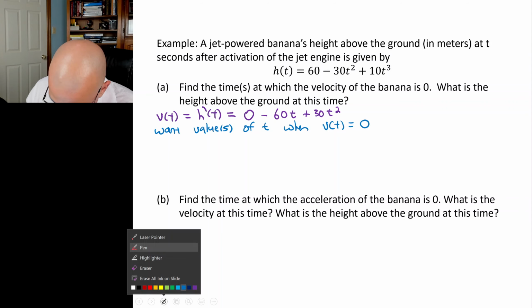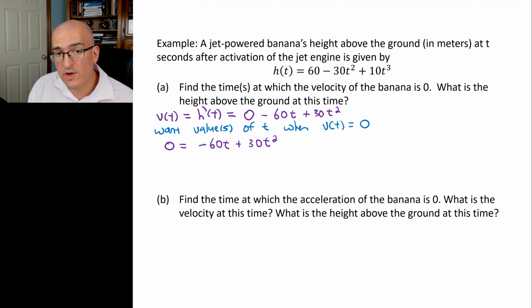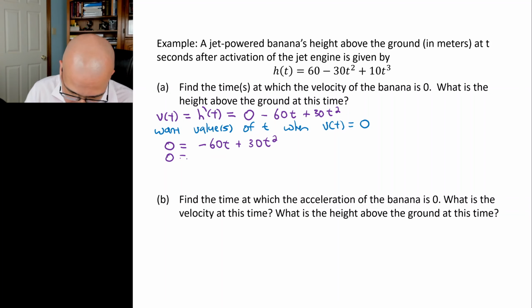So 0 is equal to negative 60t plus 30t squared. We're going to solve this by factoring. If you solve it by rearranging and canceling, you might throw away solutions. So 0 is equal to, I'm common factoring out a 30t, and I have negative 2 plus t left.